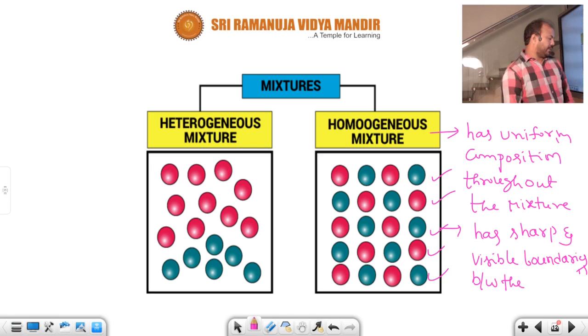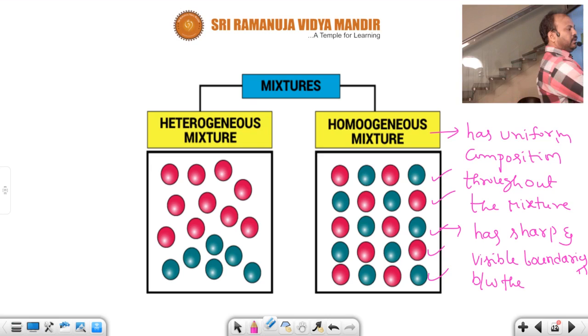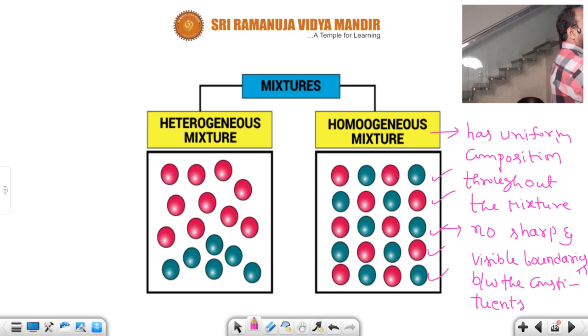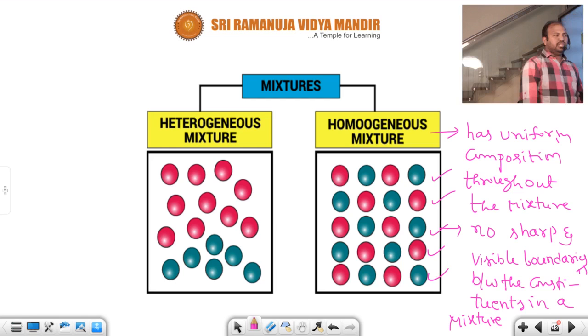I made a mistake, please allow me to correct it. Generally homogeneous mixtures have no sharp visible boundaries between the constituents in a mixture. So there are no sharp boundaries, no visible boundaries.